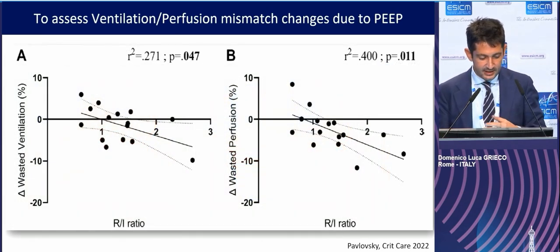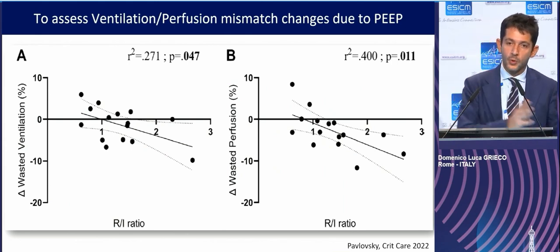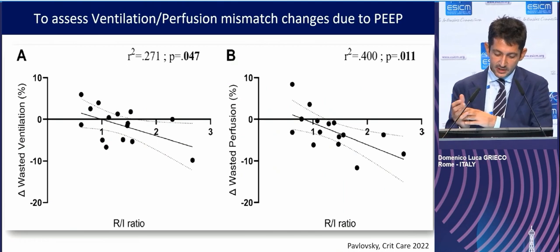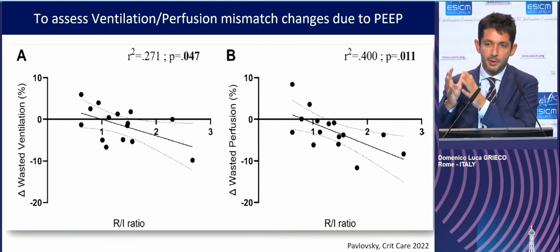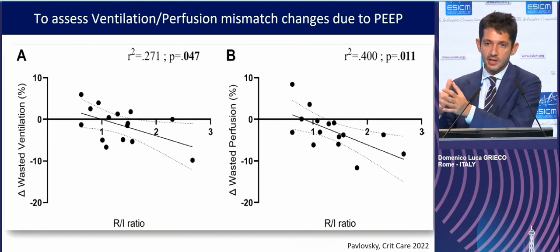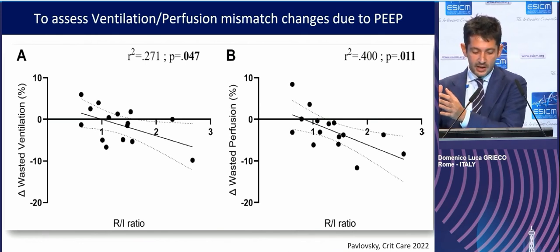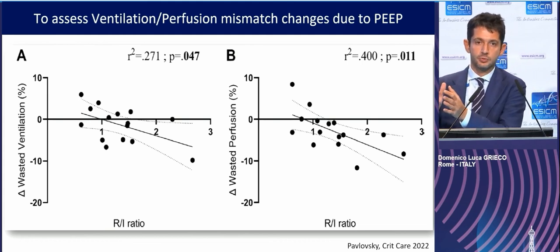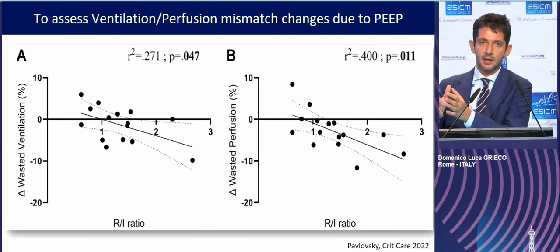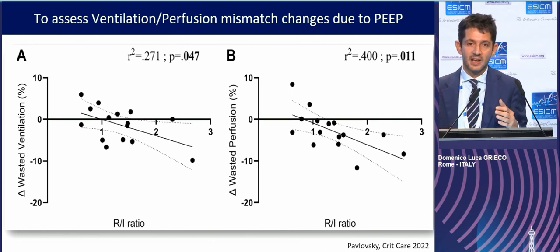And interestingly, the change in wasted perfusion and wasted ventilation caused by PEEP. So the aim of PEEP obviously is to reduce the amount of wasted ventilation, so ventilation of alveoli that are not perfused, at the same time to limit the amount of wasted perfusion, so to limit the amount of perfusion of alveoli that are not ventilated.